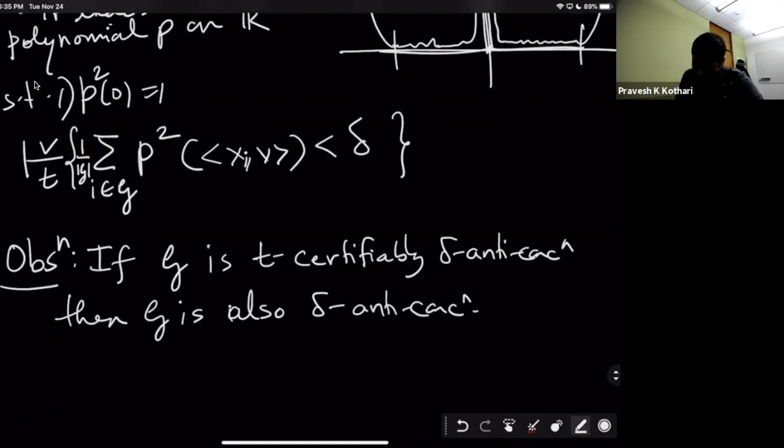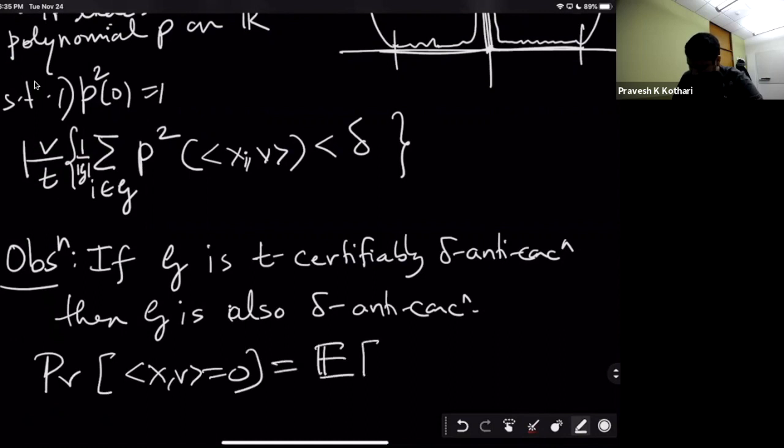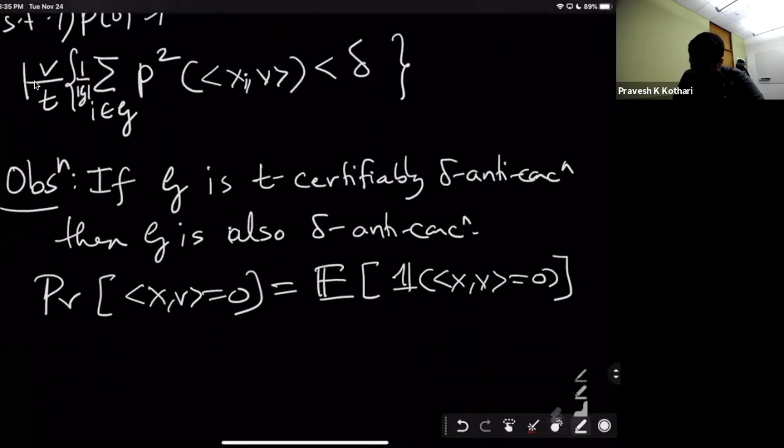So what is it saying? Let's try to compute the probability that x dot v is 0. This is the same as an expectation, right? Still good. And this is the probability when xi is chosen uniformly at random from G. Let me continue to use this notation.